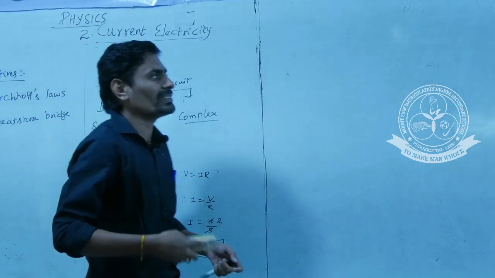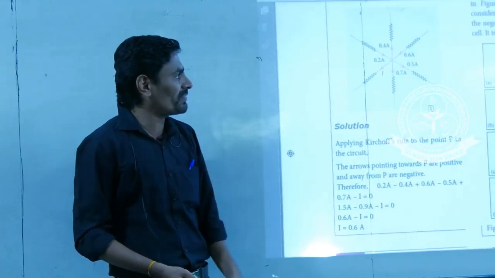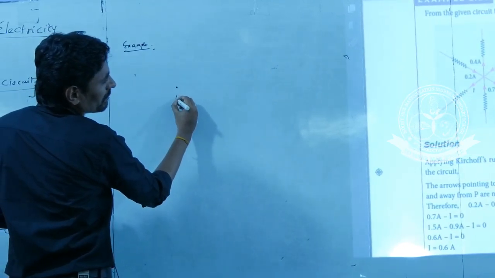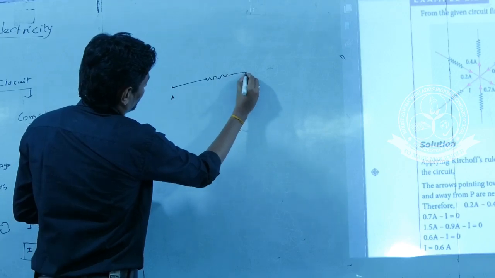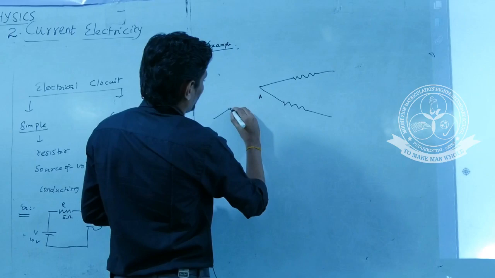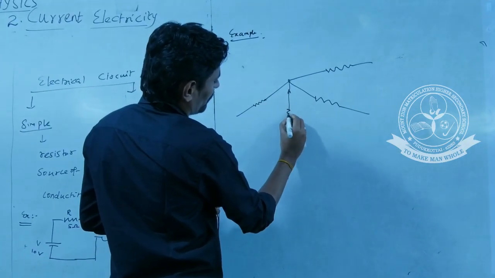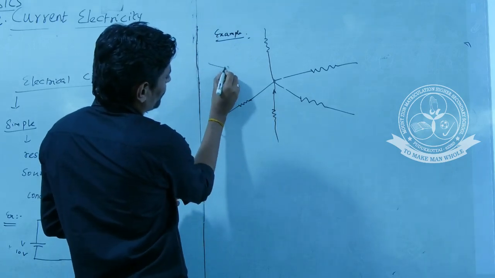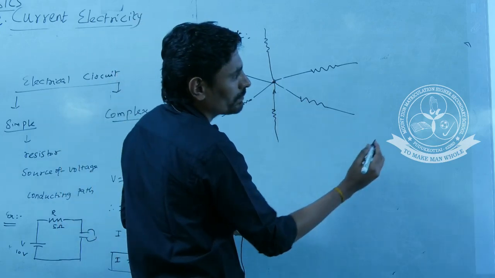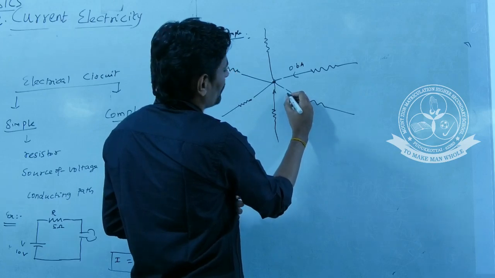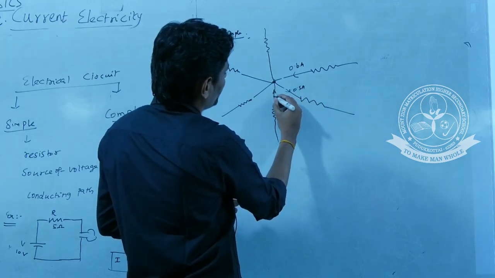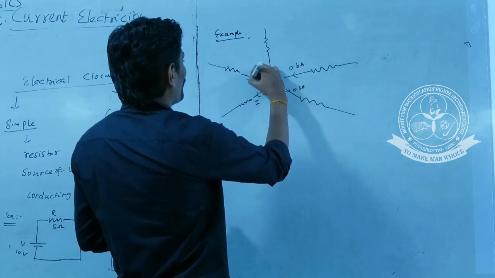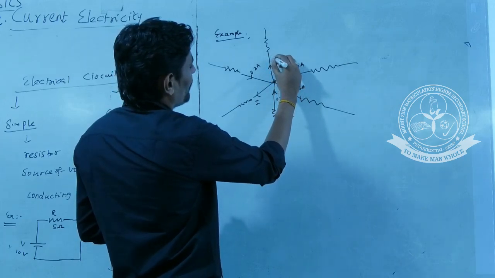But before that, let us do one example of Kirchhoff's first rule. In the example given, at point A, currents are meeting: 0.6 ampere, 0.5 ampere, 0.7 ampere, this I, 0.2 ampere, and 0.4 ampere.